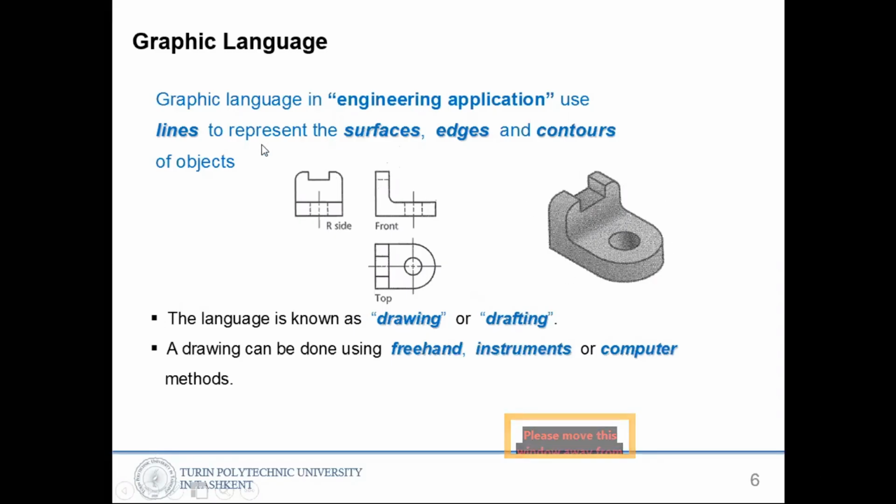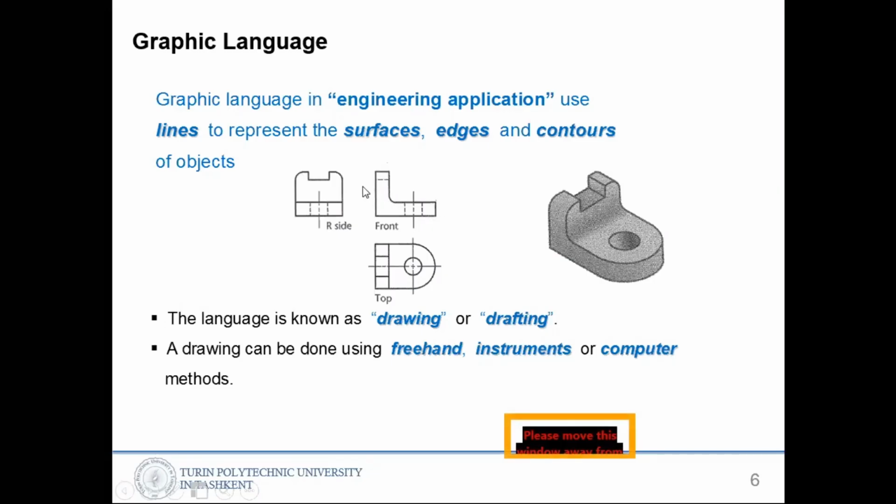Okay, so we describe this thing by using 3 views or many views, and only edges are shown, and the holes are shown only with the edges, and the contours.